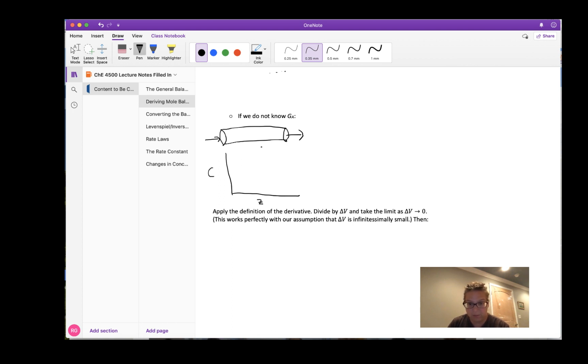And if we had some reaction going on, we would say the reactant concentrations look like this, and the product concentrations look like this. So products and reactants. So what this says is that if the concentration is varying down the length of the reactor, then that is what we need to capture.